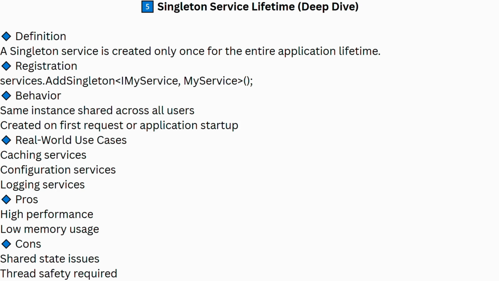So what will happen is that when there is a singleton service, you need to make sure that thread safety is there. When user 1 is accessing your singleton object, then user 2 needs to wait because the same object reference is being passed.